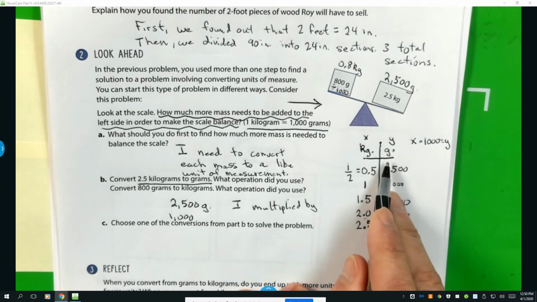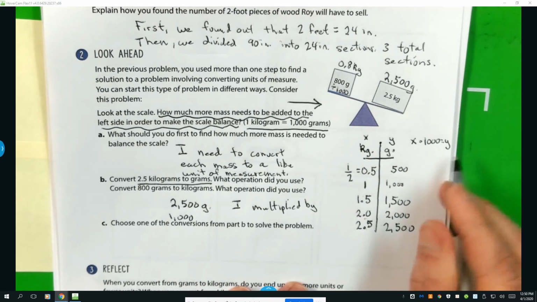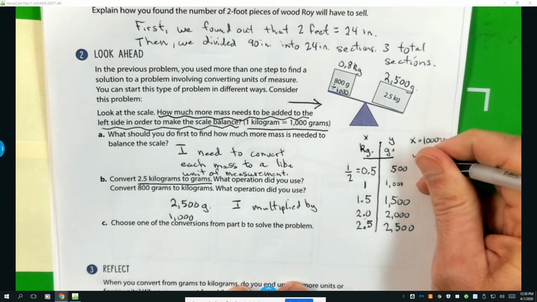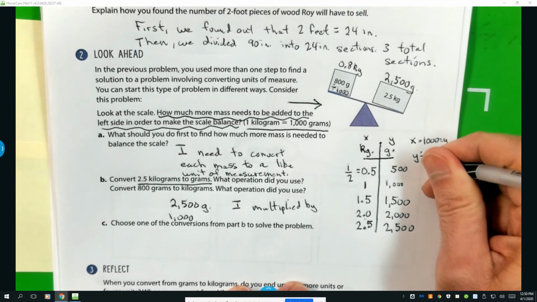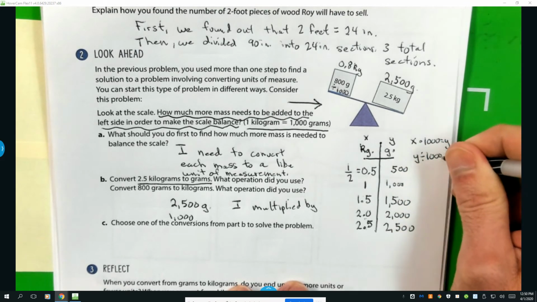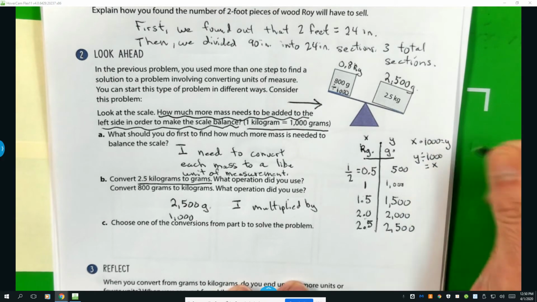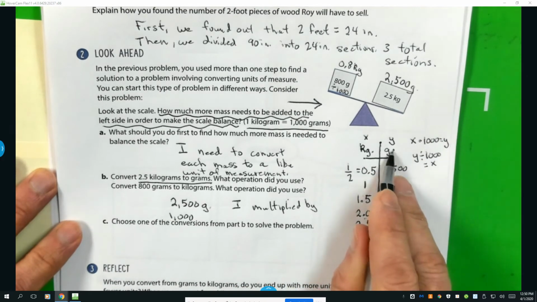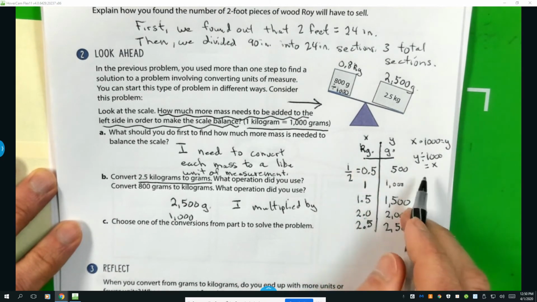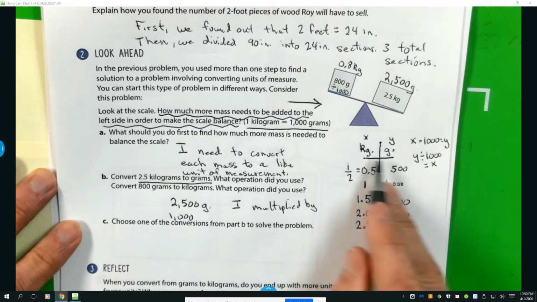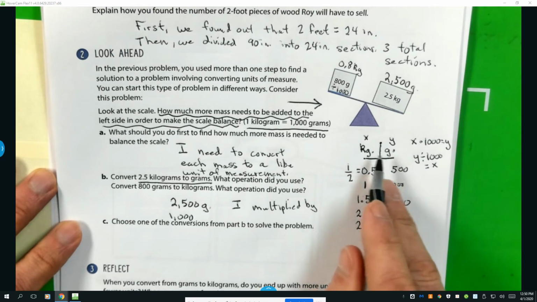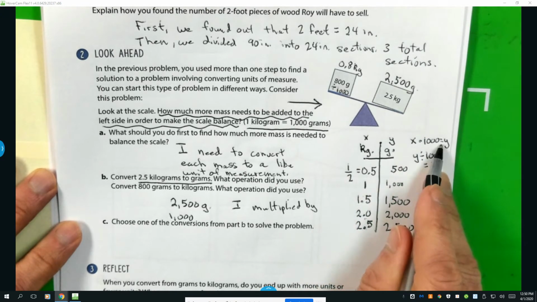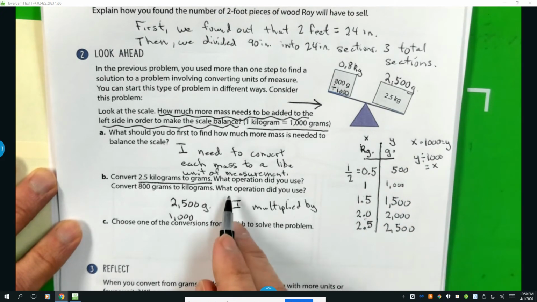If I want to go from y to x, I do the inverse. Y divided by 1,000 will equal x. Both of these can be used to go from one measurement to the other. So if I want to go from grams to kilograms, I use this one. If I want to go from kilograms to grams, I use this one. All right.